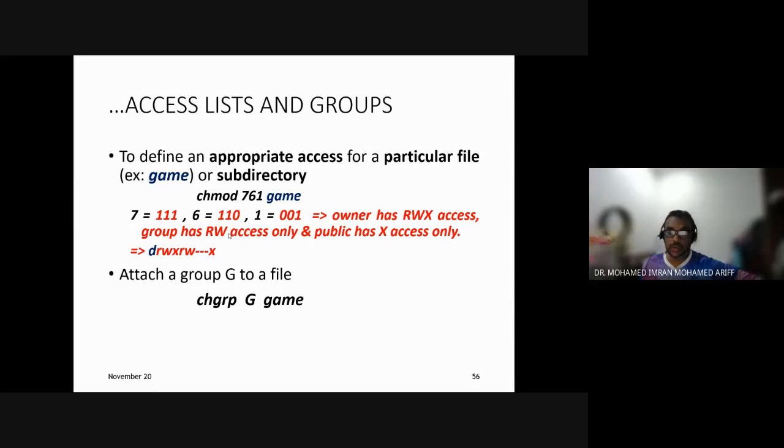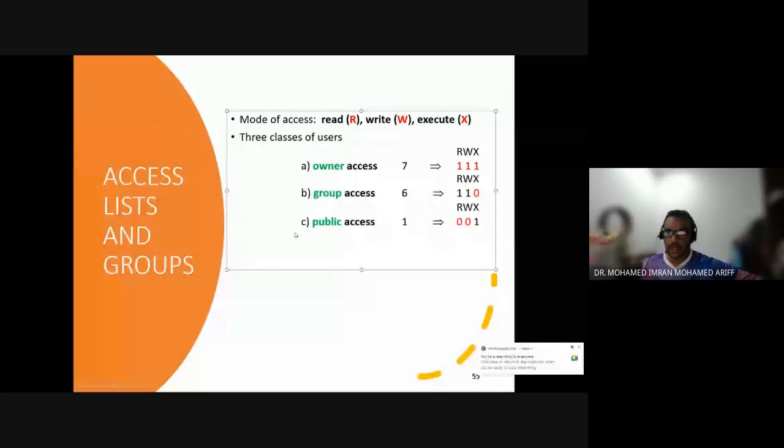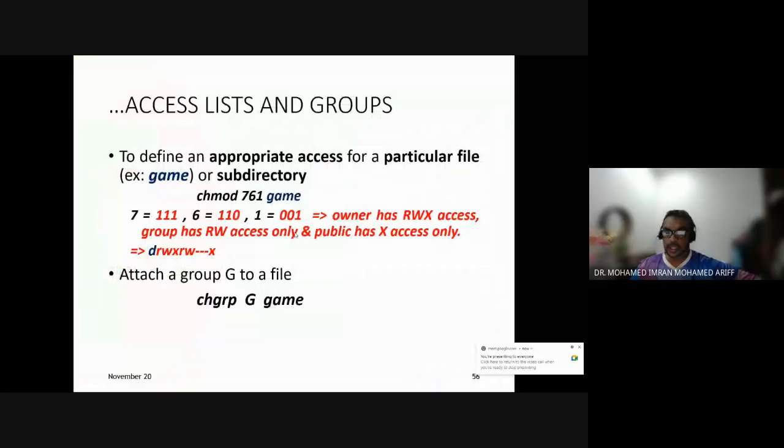You can see here there's no X. And the public, which is number 1, can only execute the file. That is why you have 001.